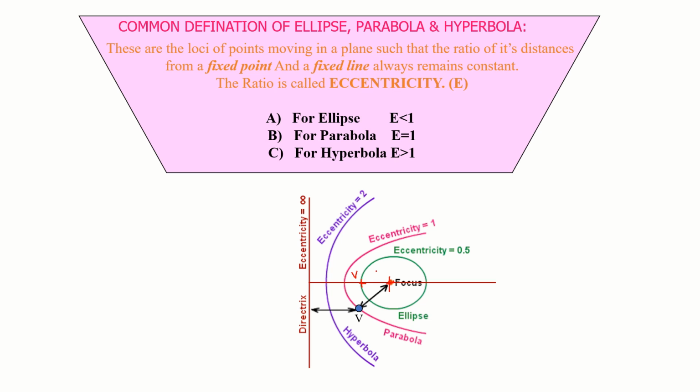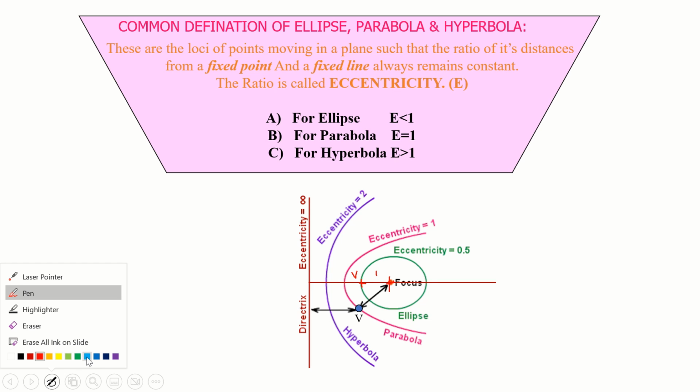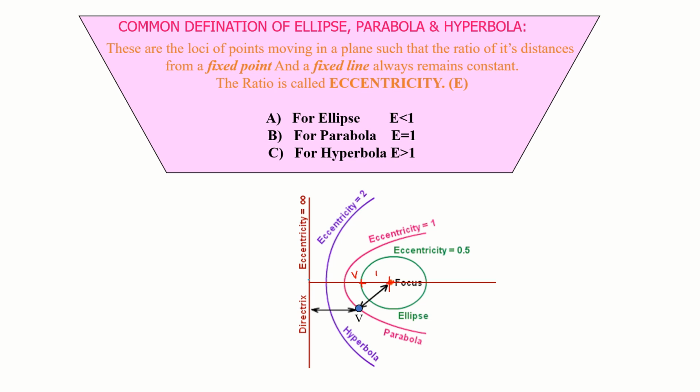So this distance is 1, or x. And this is the fixed line and this is the moving point, and this distance is 2, or we can name it as y.